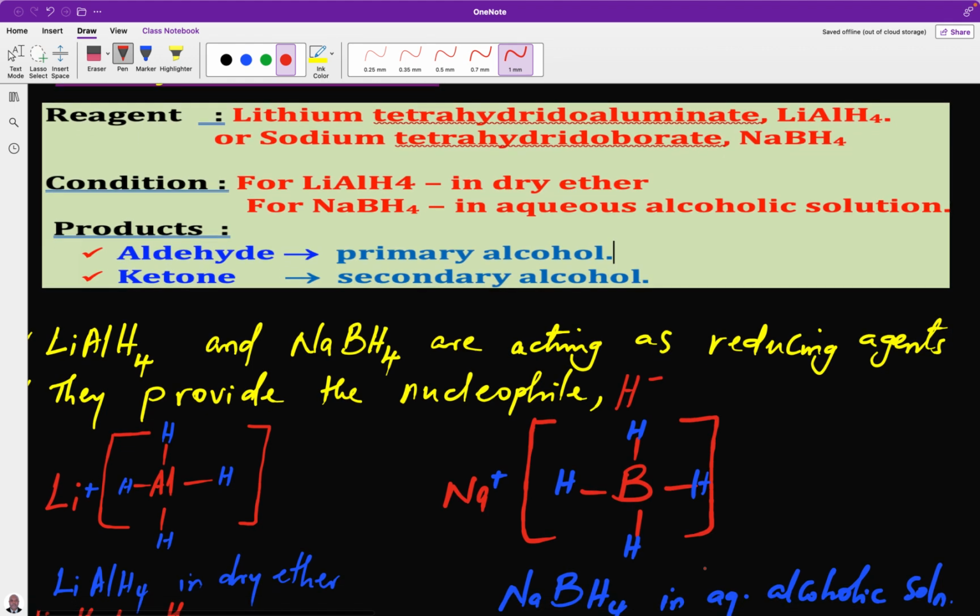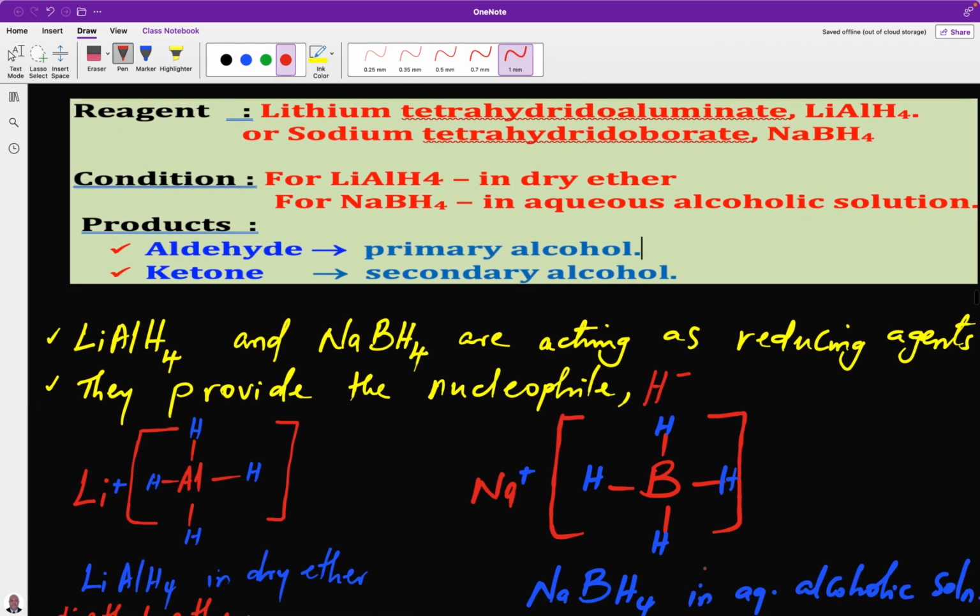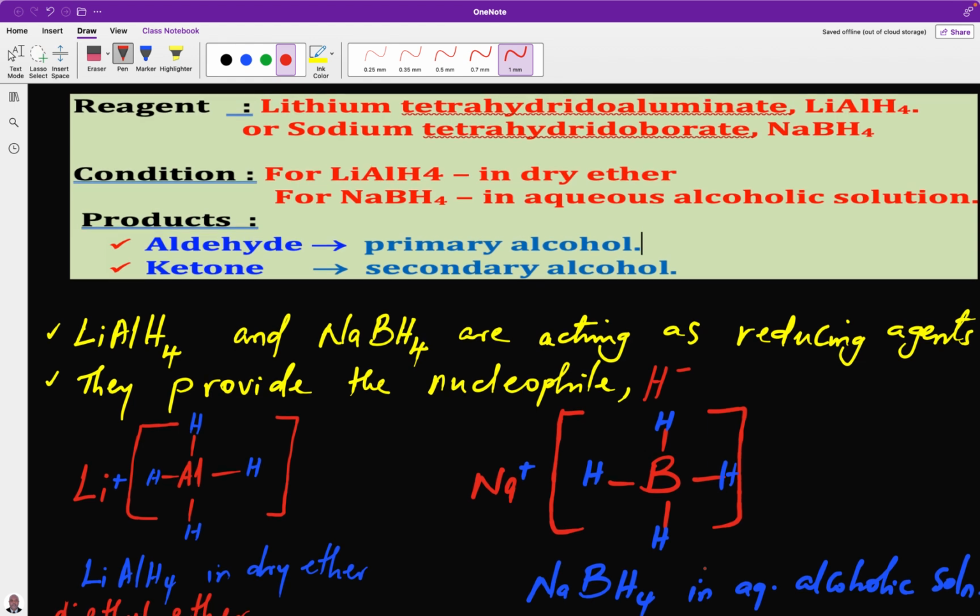And the two reagents here, we said, are lithium tetrahydroaluminate, which is LiAlH4 in dry ether, or sodium tetrahydroborate in aqueous alcoholic solution. These are two reagents. You could use one or the other. I said LiAlH4 is a stronger reducing agent, and it reacts more vigorously than NaBH4.